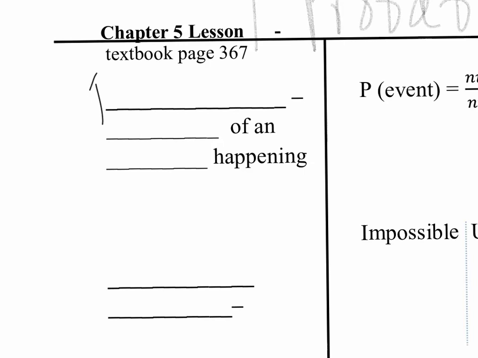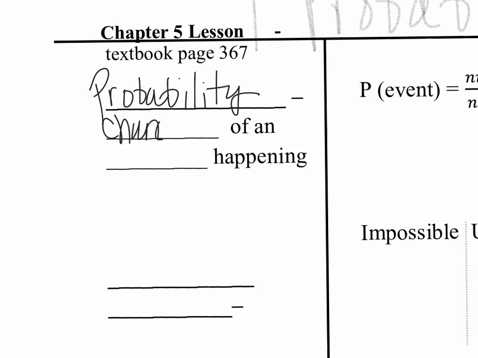Probability is the chance of an event happening.